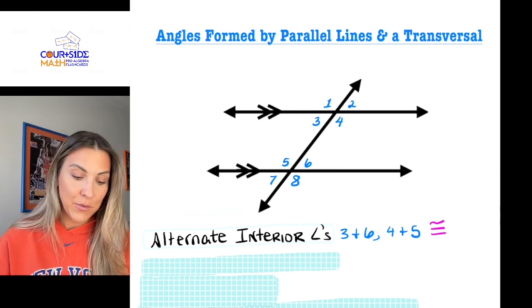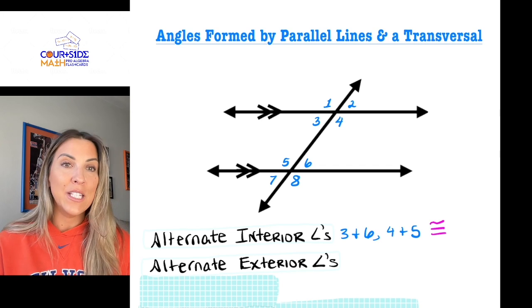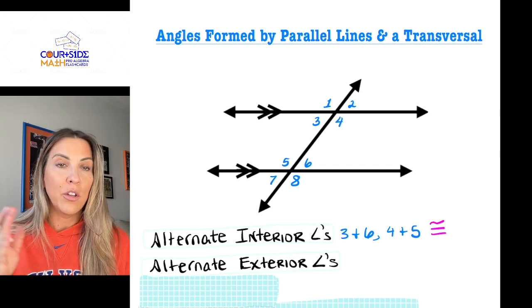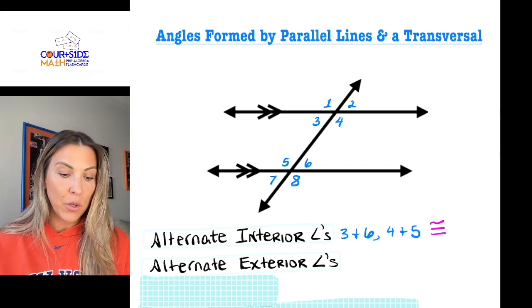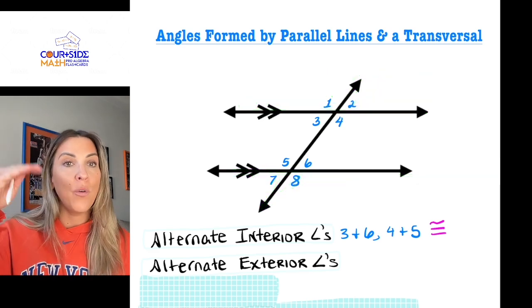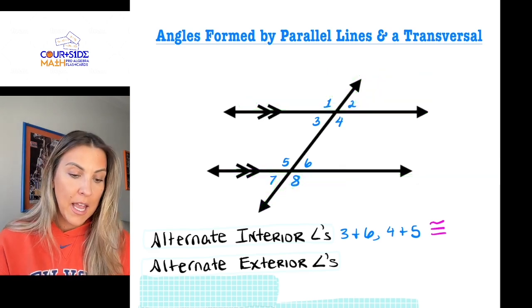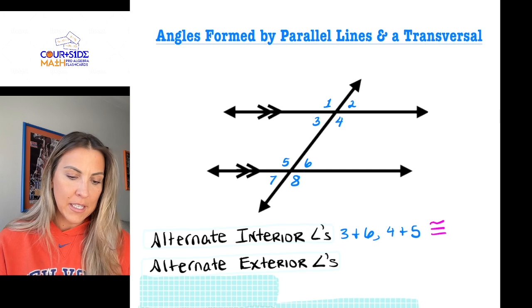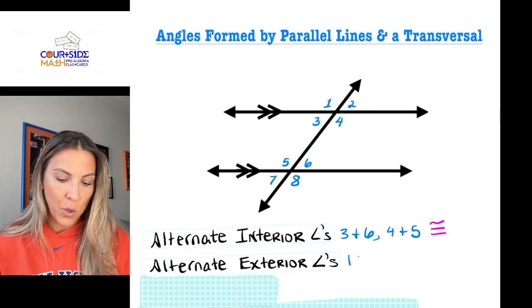All right, let's look at our next relationship, which is alternate exterior angles. Similarly, we're looking for the opposite side of the transversal, but this time we're looking for angles that are exterior. When I look at my parallel lines, exterior means on the outside of them, so angles that are above or below the parallel lines. Which angles are going to satisfy those conditions? It's going to be angles 1 and 8.